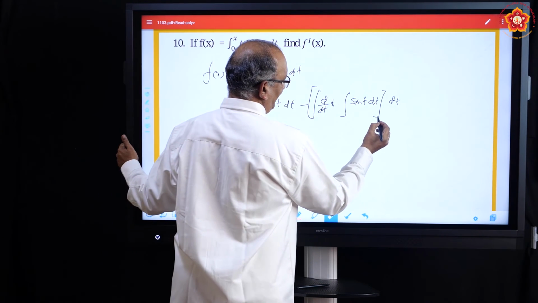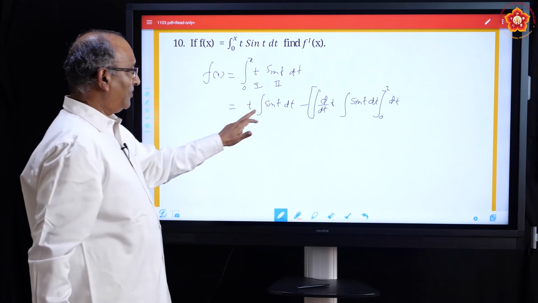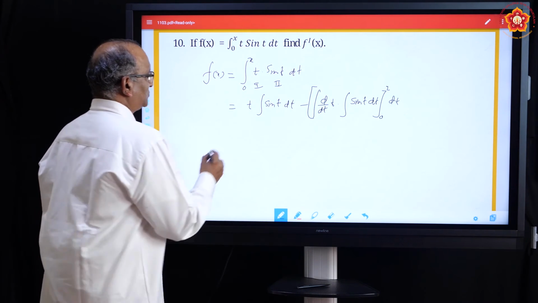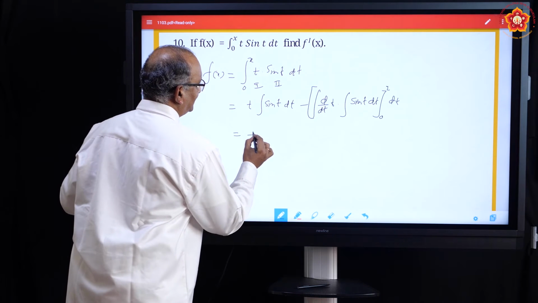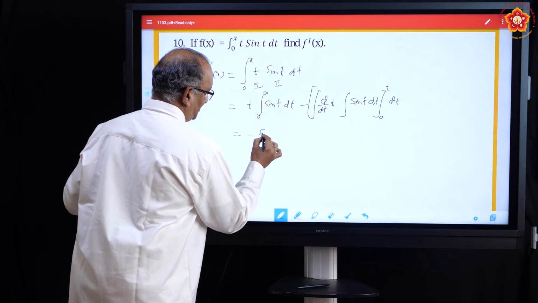Remember the limits, we still have 0 to x limits remaining as they are. What is integral of sin t? It is minus cos t. So this will become minus t cos t.